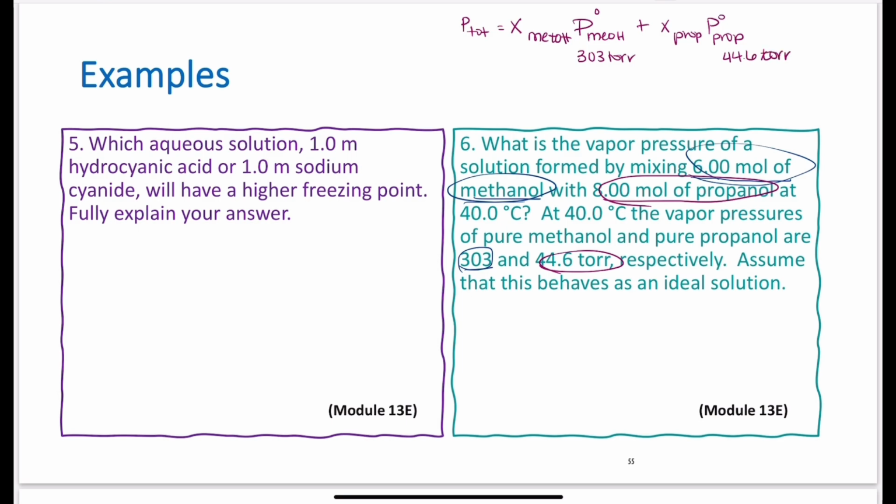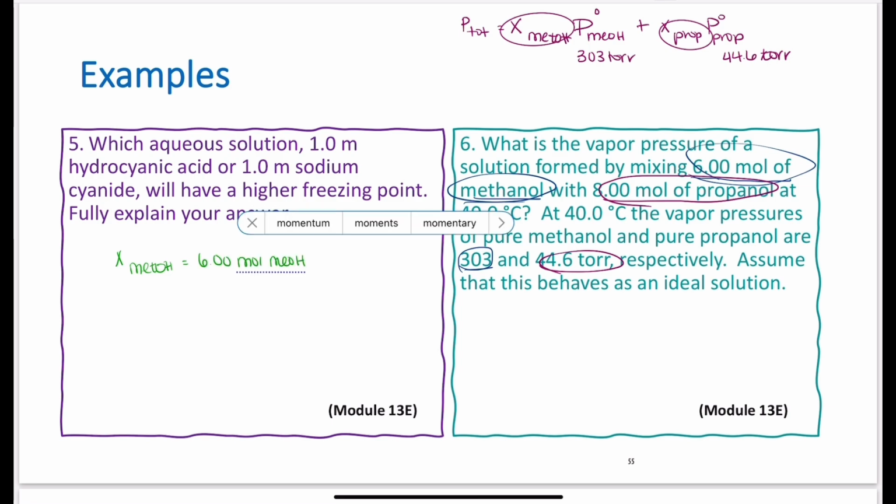So I just need to figure out the pieces that are missing, which is the mole fractions, which is pretty easy on this one because it already gave me moles. So that was nice. The mole fraction of methanol is 6.00 moles of methanol over the total moles of the system.